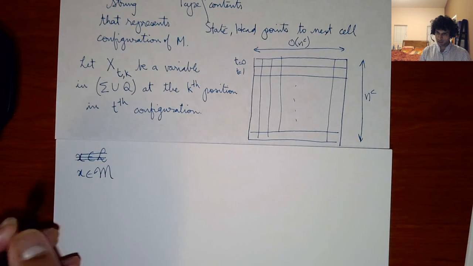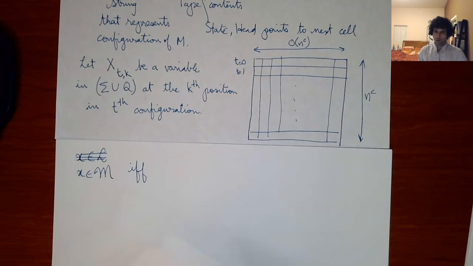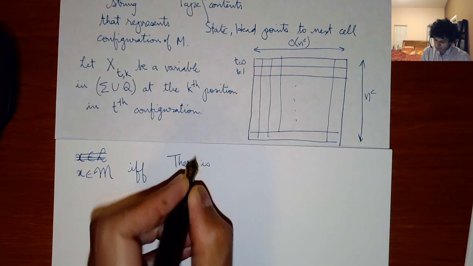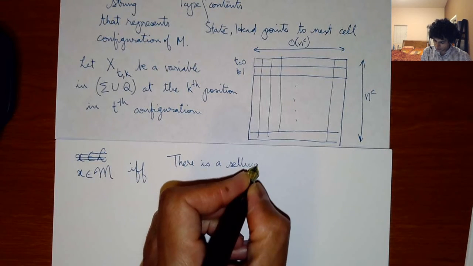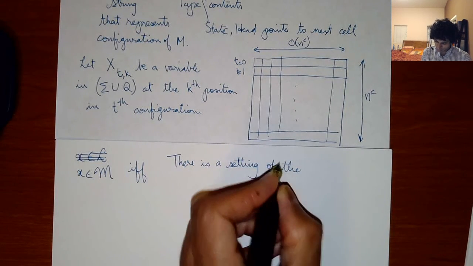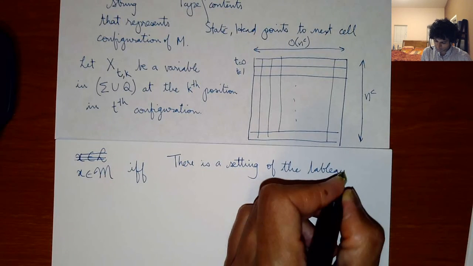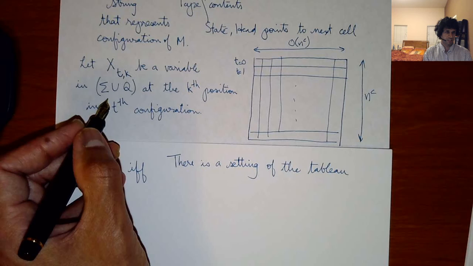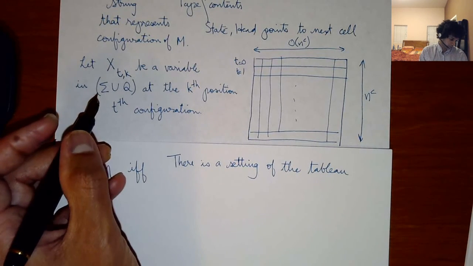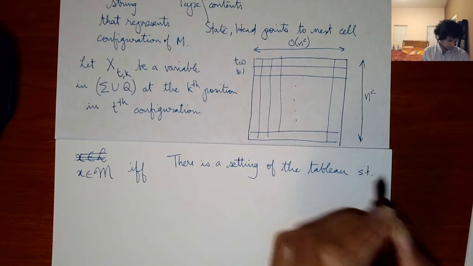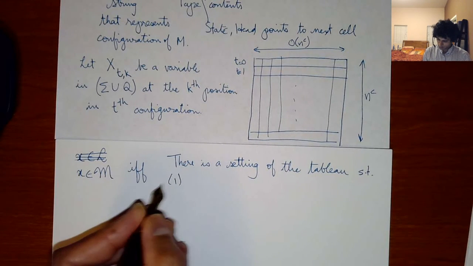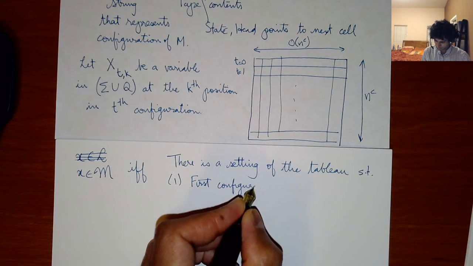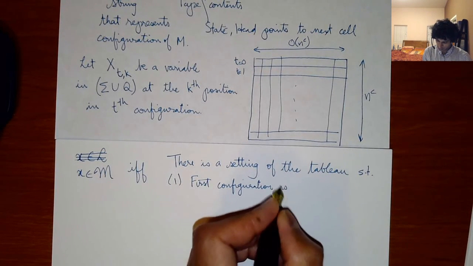X is in the language M if and only if there is a setting of the tableau. By setting of the tableau, it means setting these variables. These variables are not Boolean. They're in this sigma union Q. We'll convert into Boolean shortly. There is a setting of the tableau such that the first configuration is the input.